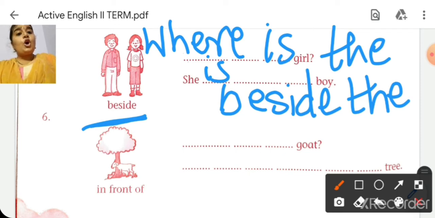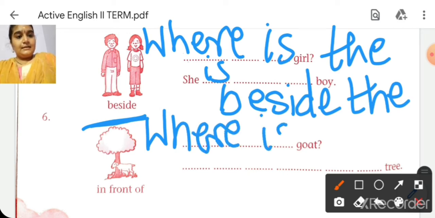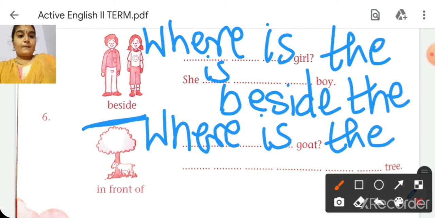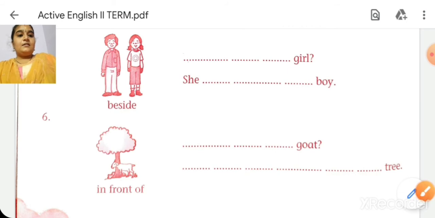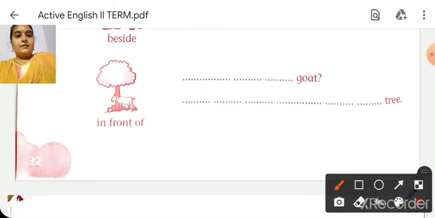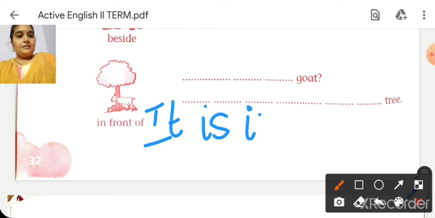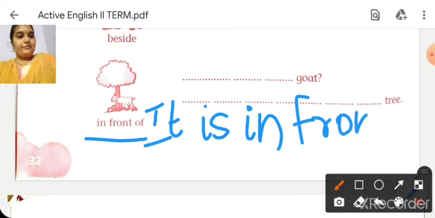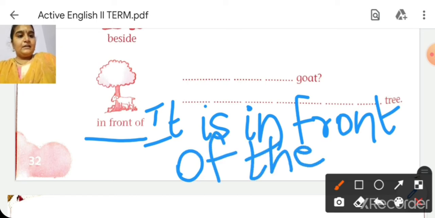Where is the goat? Where is the goat? It is in front of the tree. Right? It is in front of. See to that spelling and write front of the tree.